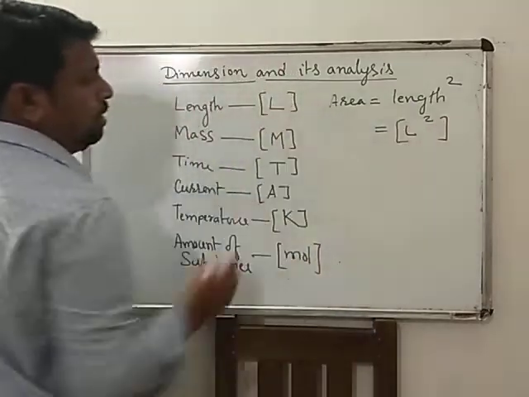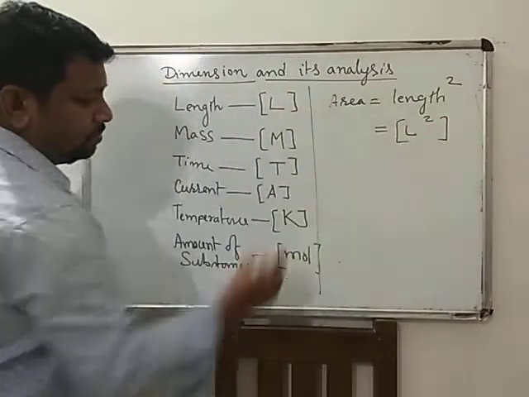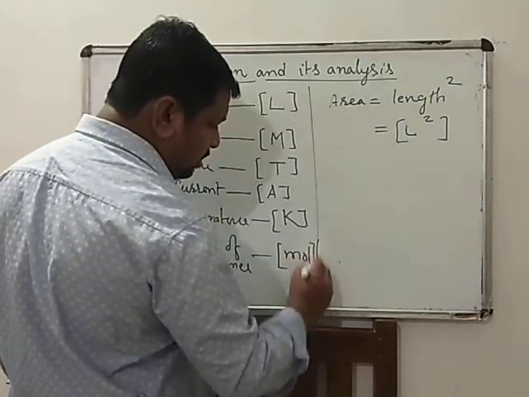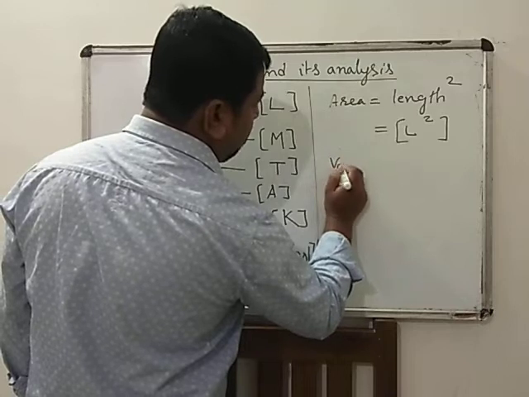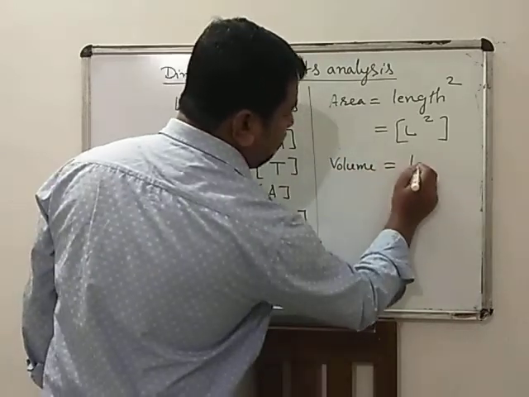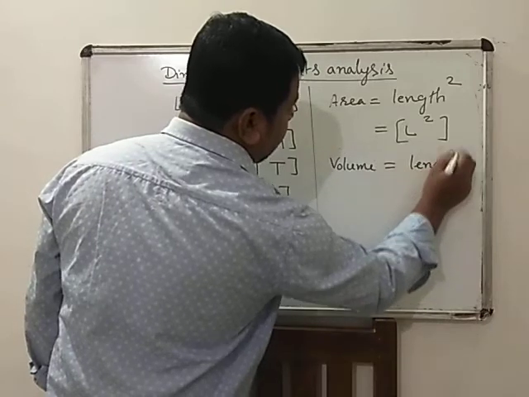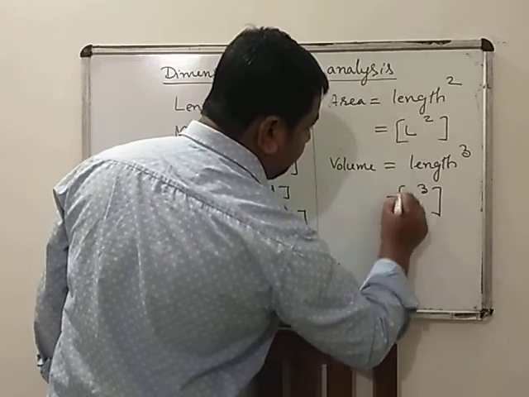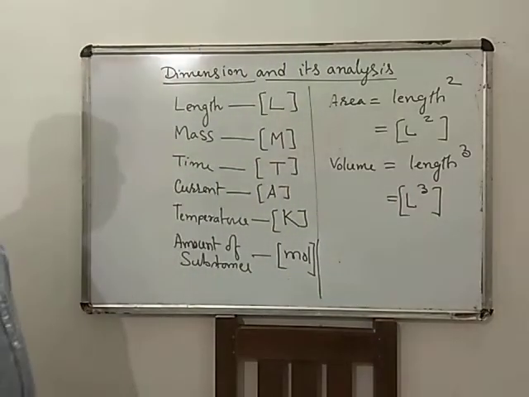Volume is length cubed, so its dimensional formula is L cube. L cube is the dimensional formula of volume.